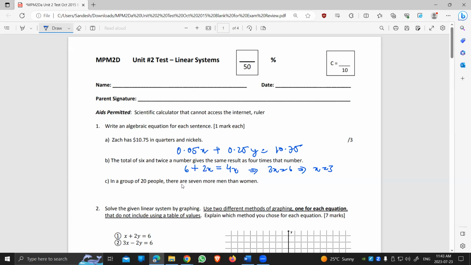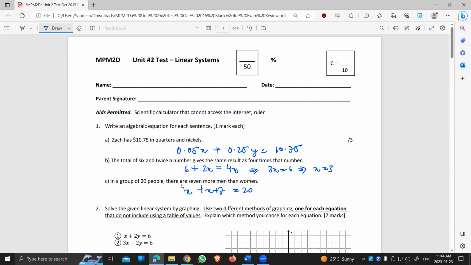Part C, in a group of 20 people, there are 7 more men than women. So let the number of women be x. Then how many men are there in terms of x? x plus 7. So x plus x plus 7 is equal to 20.